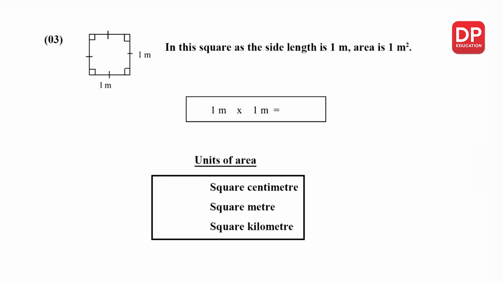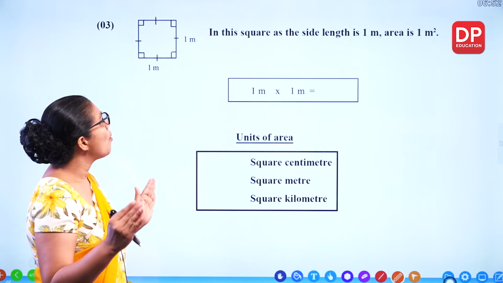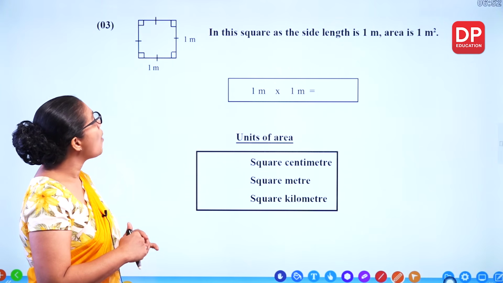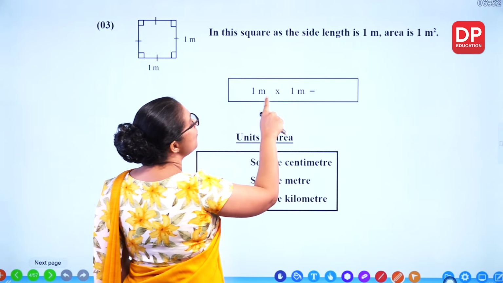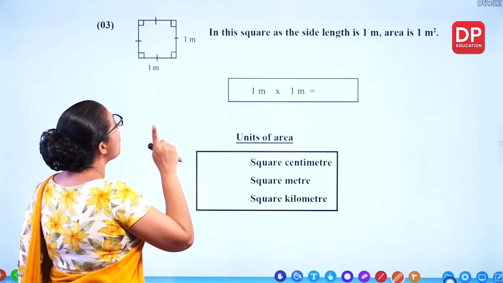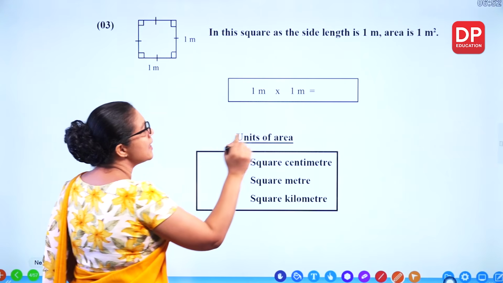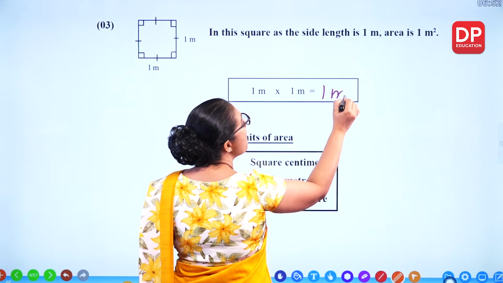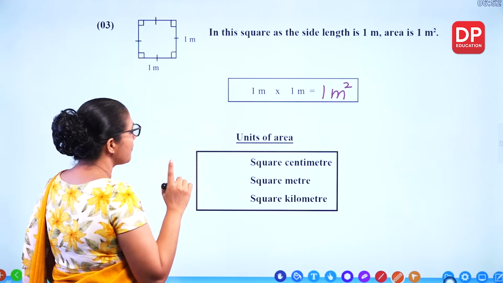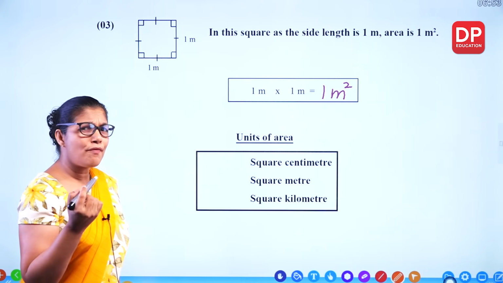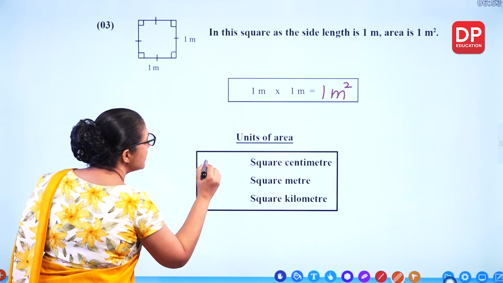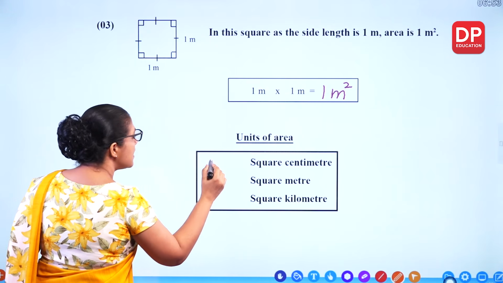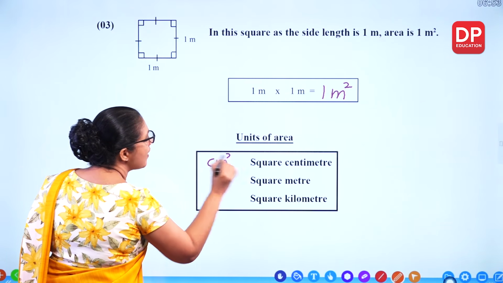Now if it's length 1 meter, that's a big square. What's the area then? If it's 1 meter length, then the area is 1 meter times 1 meter, 1 square meter. So what are the units of area? Square centimeter, we can write cm squared.